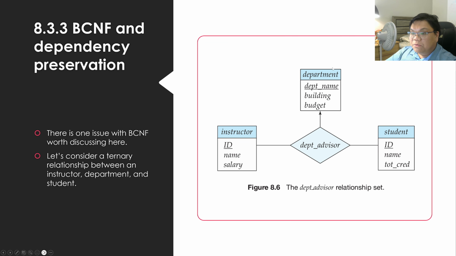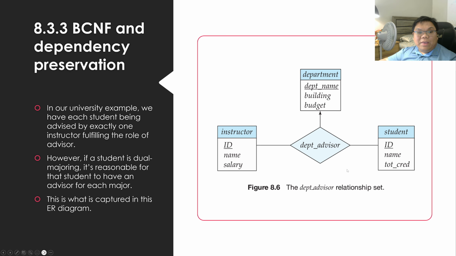There is one issue with Boyce-Codd normal form worth discussing here. Say you have a ternary relationship between an instructor, a department, and a student. In our university example, we expect each student to be advised by one instructor who is fulfilling the role of advisor.